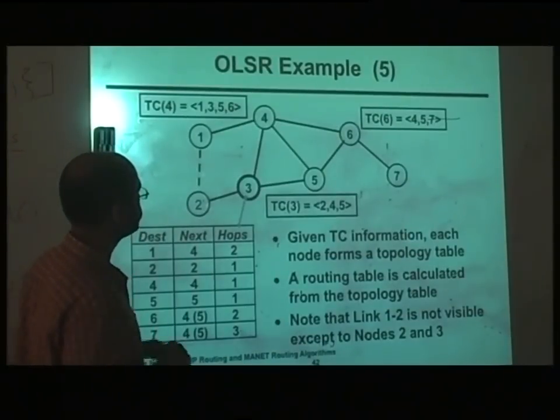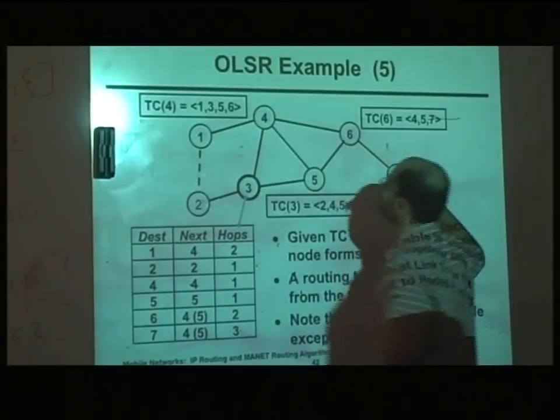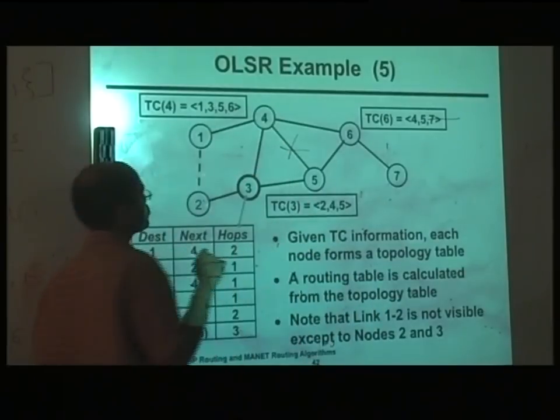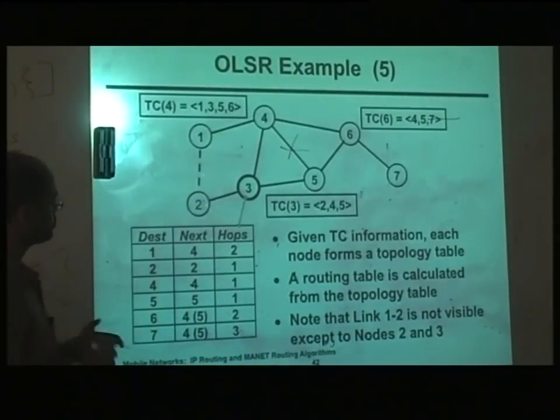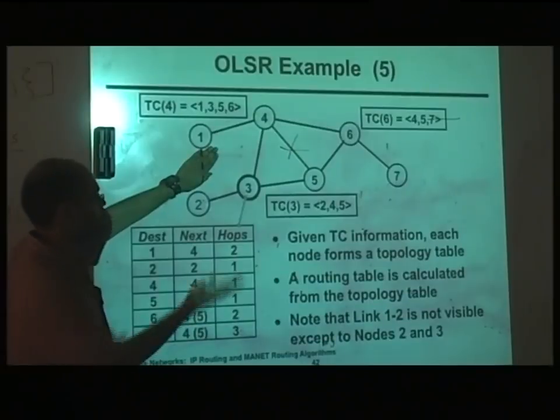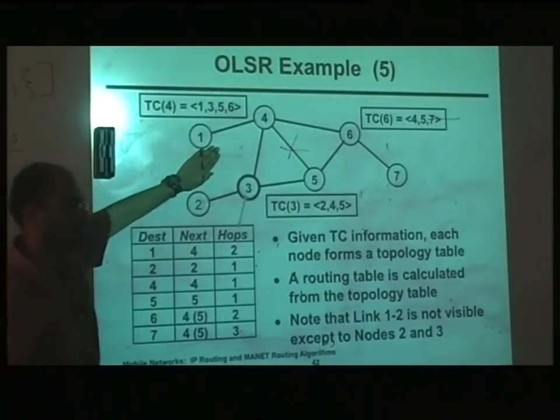So who can use 7? If you remove this link, what's going to happen? 1 will not reach 5. So you have removed this, by the way. Now let's see. 1 will not reach 5.